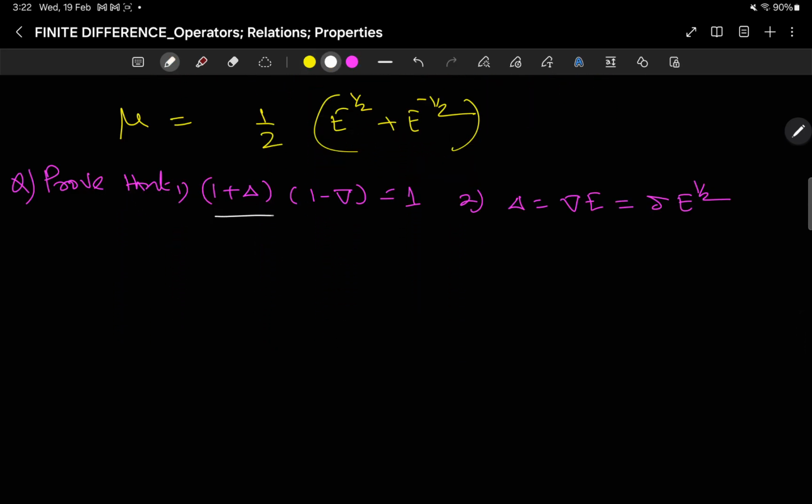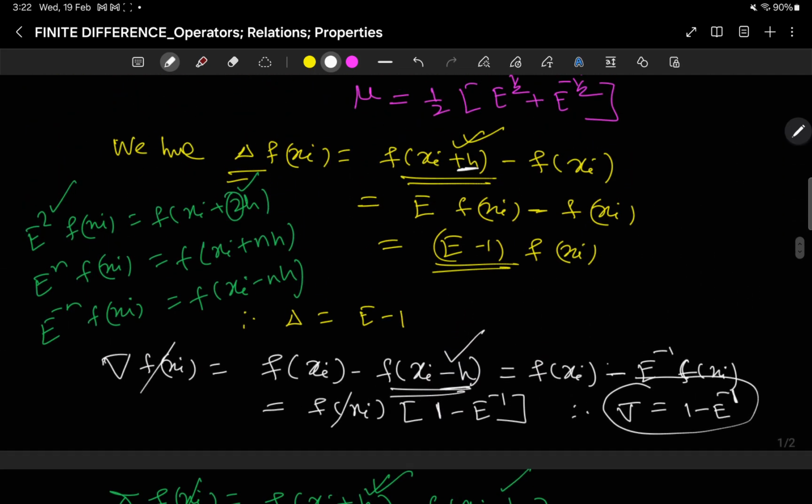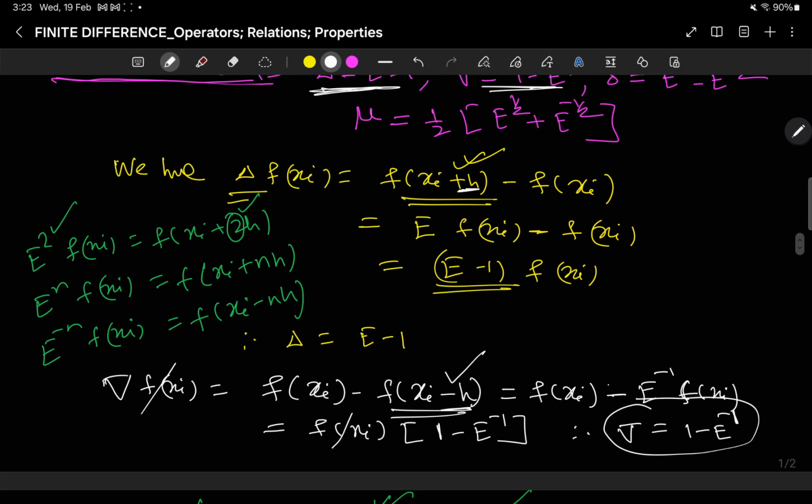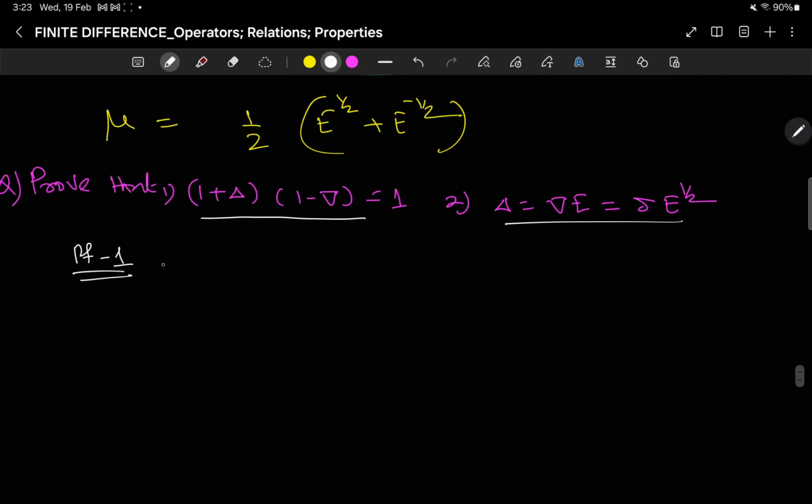Now coming to another relation, suppose we want to prove one. As we have seen above, here del is equal to E minus 1, inverted del is equal to 1 minus E inverse. On this basis we can prove it.